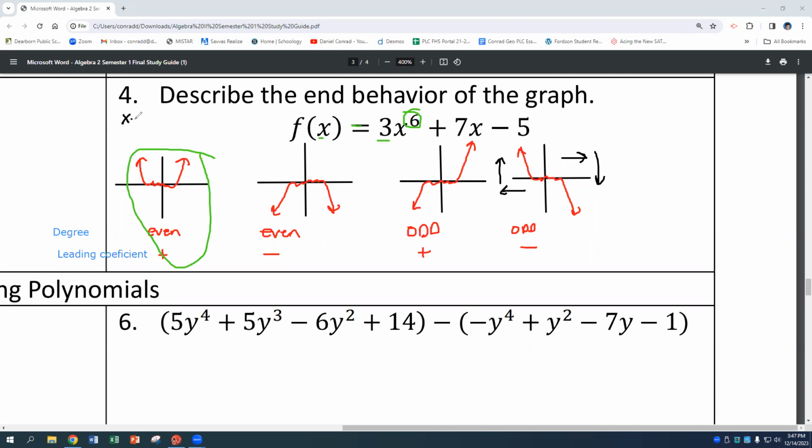So as x goes to infinity, meaning as we go to the right, y is going to increase to positive. We're going to go up. As you go right, we're going up. As you go left to -infinity, we are also going up to +infinity.